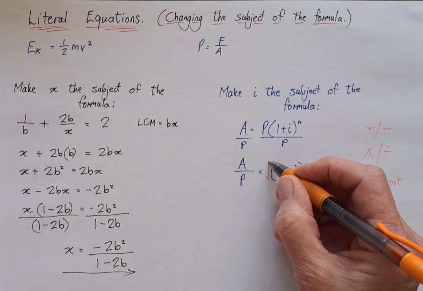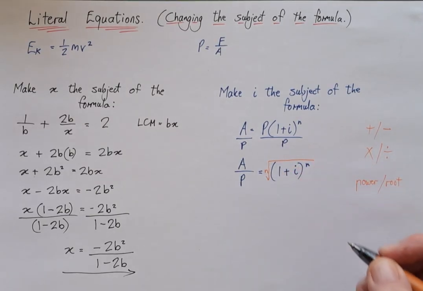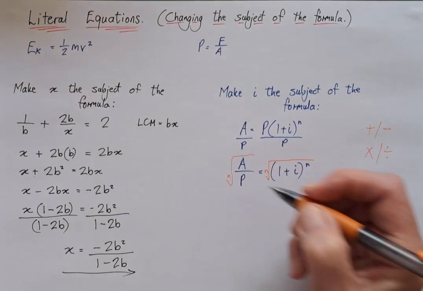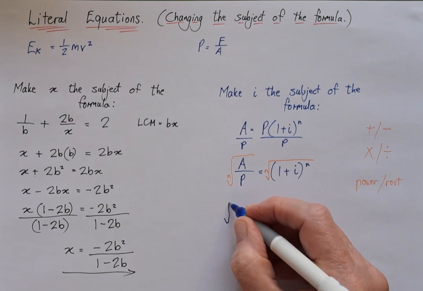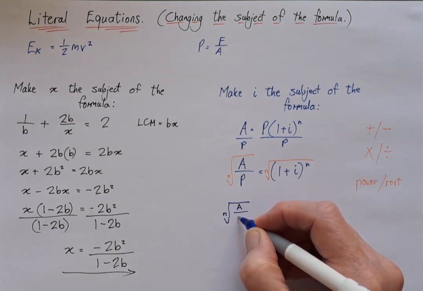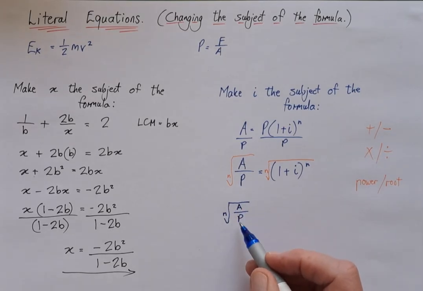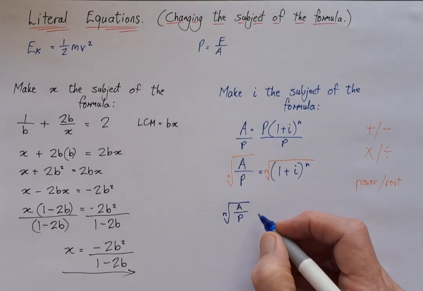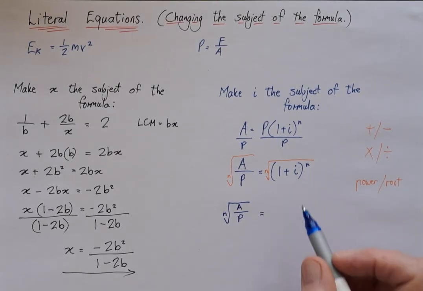So what I have to do now is the inverse operation of this. In other words, I've got to put that whole thing to the nth root, which means that I need to take the nth root of this as well. So this side is going to become the nth root of A over P, and make sure that the entire fraction is inside the root sign to show that the A is being nth rooted and the P is also being nth rooted, otherwise it can become very ambiguous.